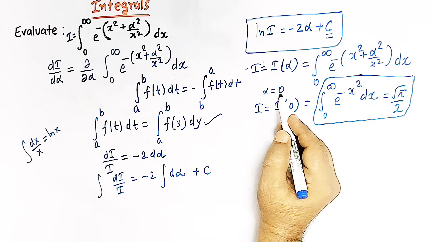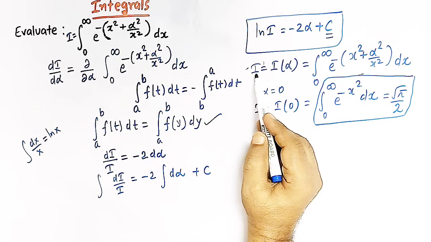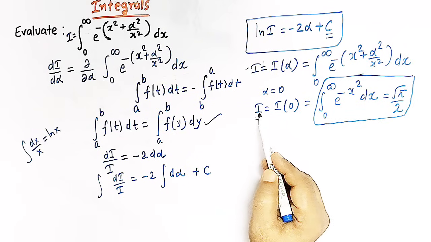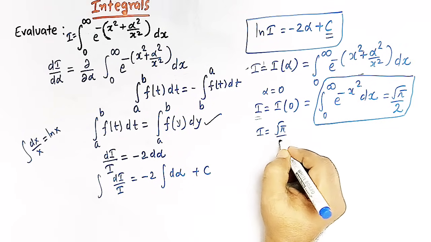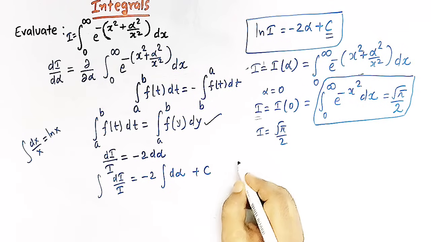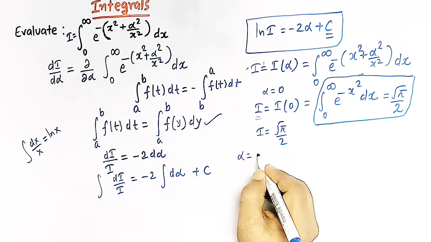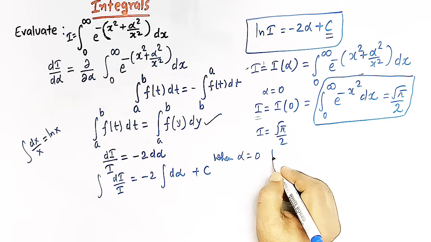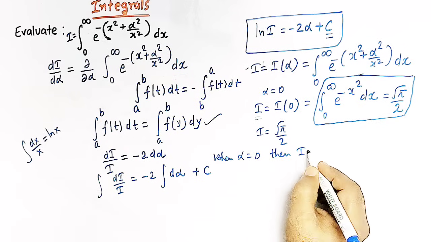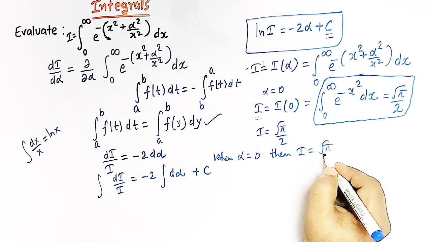So when we take alpha is equal to 0, then the value of the integral I is equal to root pi over 2. So now we have this condition, that is, when alpha is equal to 0, then I is equal to root pi over 2.